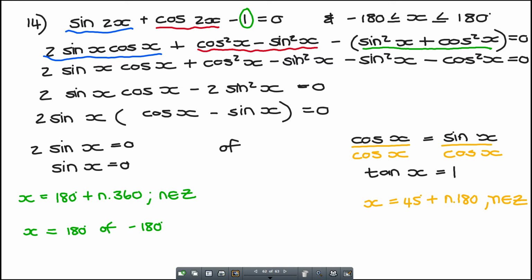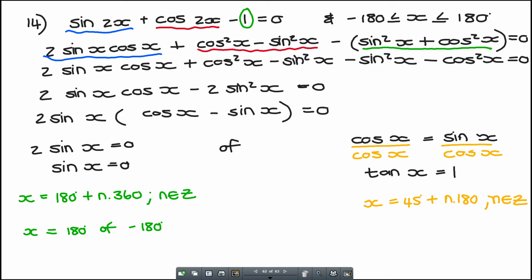Once I simplify all the like terms in this third line, I get 2 sine x cos x minus 2 sine squared x is equal to 0. Now, you can see that in both of those terms, I have a common factor of sin x, and also a common factor of 2. So I took out 2 sin x.